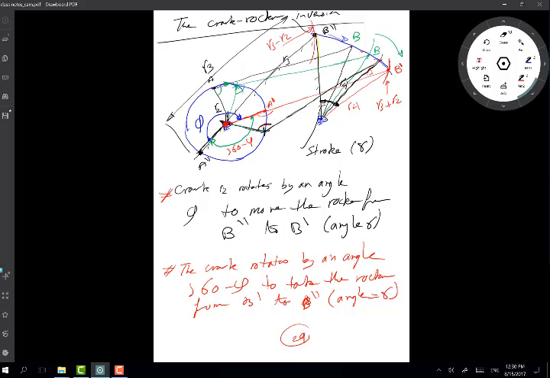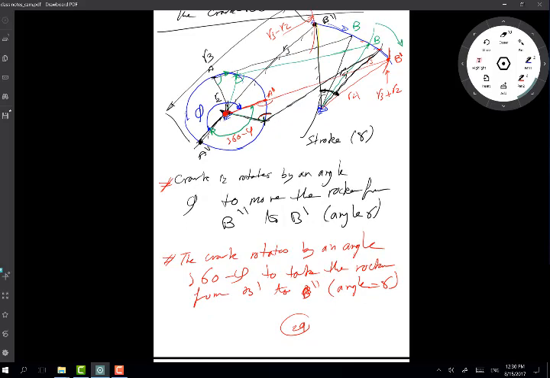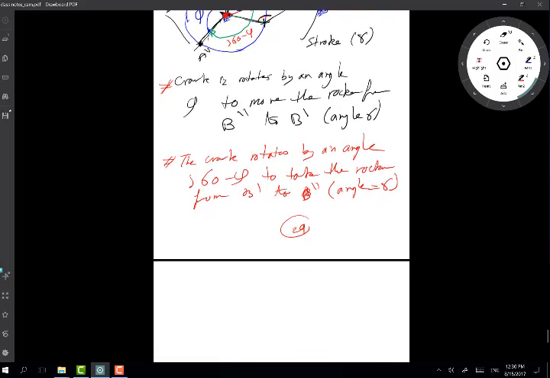So it's phi for the gamma and 360 minus phi for the gamma returning. All right, okay. Now the crank usually rotates at a constant velocity. Okay, so omega 2 is always constant.